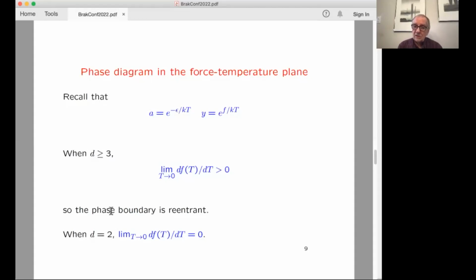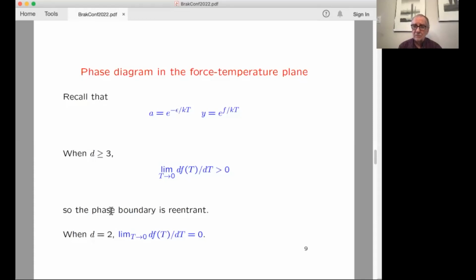So as t goes to 0, df by dt is positive, so the derivative starts being positive, and then eventually, of course, has to become negative as we reach a temperature close to the natural temperature for the desorption to occur, so the phase boundary is reentrant. In 2 dimensions, we don't know if it's reentrant. All we know is that the t goes to 0 limit of the derivative is 0.